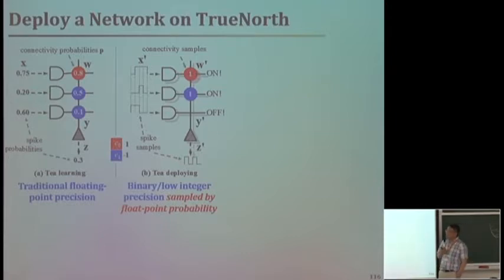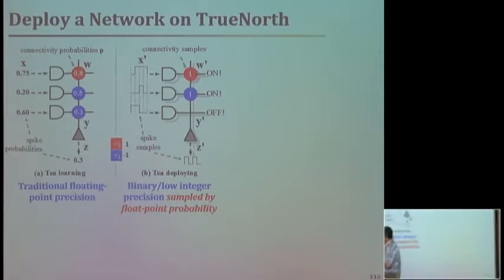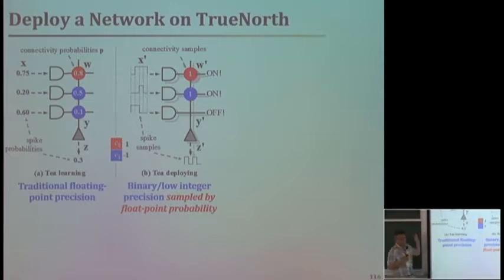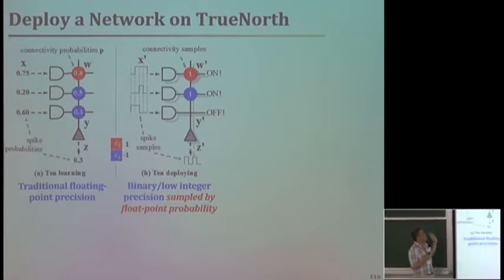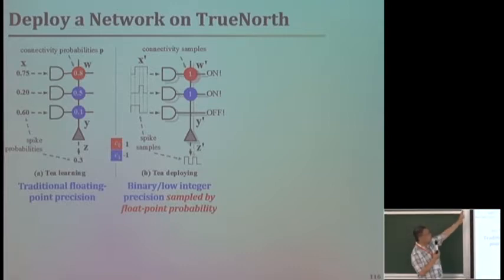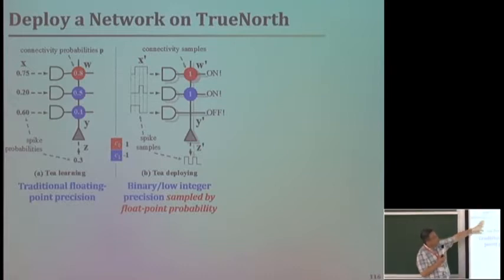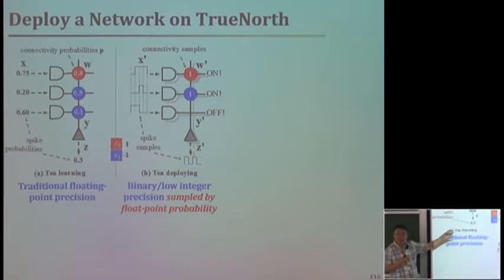The next question is why we got this information loss, and how. Here's one example. Let's call it a traditional floating point operation. We got some input. The input will be a floating point value. It can be 0.75, 0.2, or 0.6, something like that. And the weight will also be floating point, and it can be positive or negative.